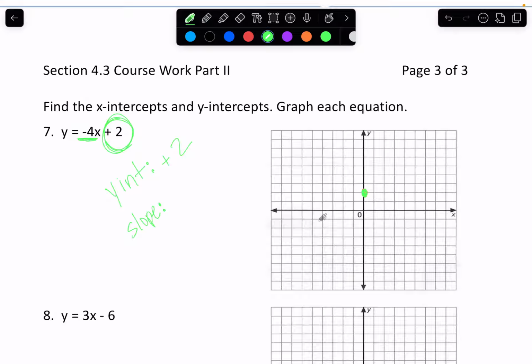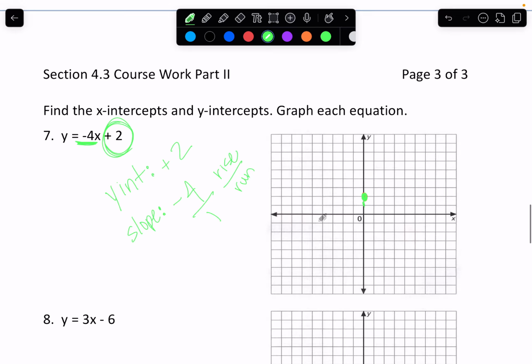Oh, let's underline it. -4. Same thing as -4/1. Rise over run. Am I going up or down? I'm going down because it's -4. 1, 2, 3, 4 over 1. Oh, do we love it? I know Ty loves it because there's not a lot of showing your work.